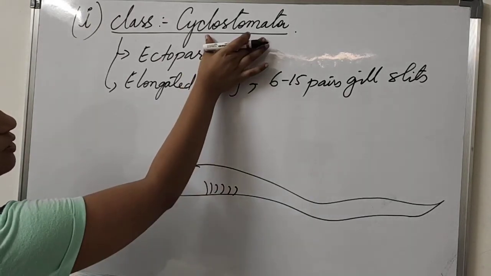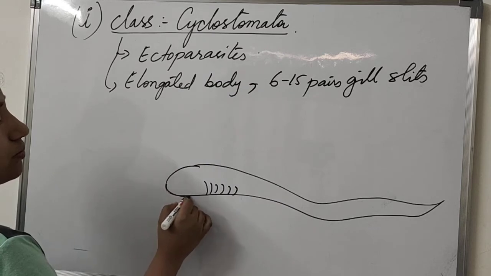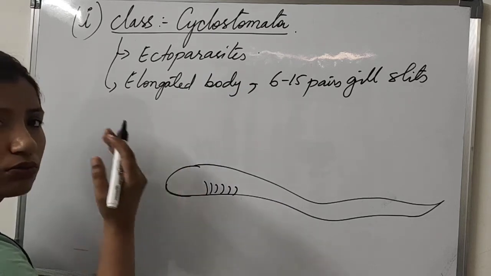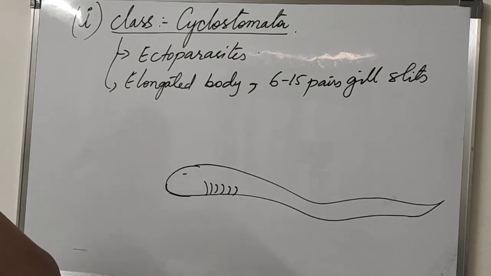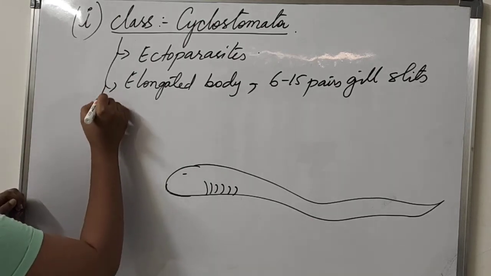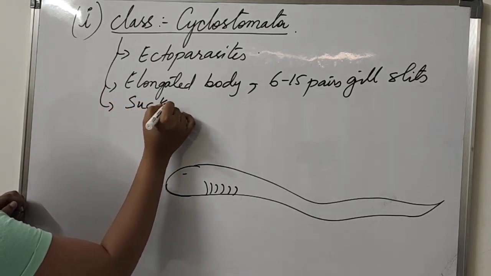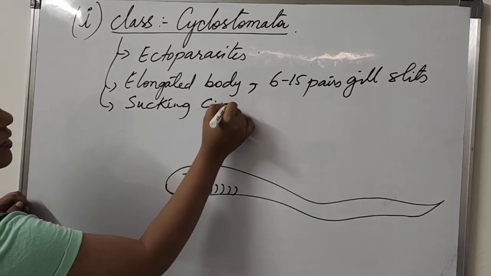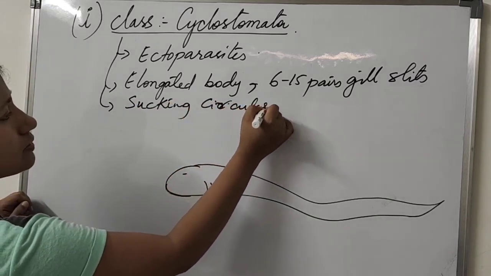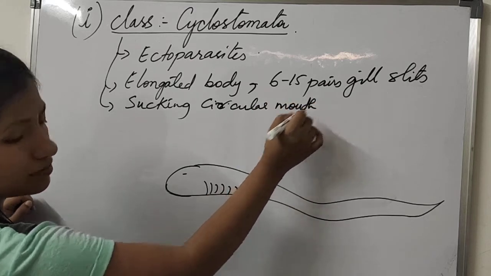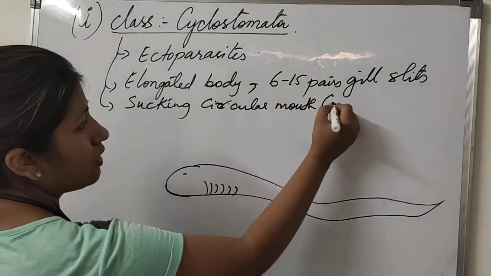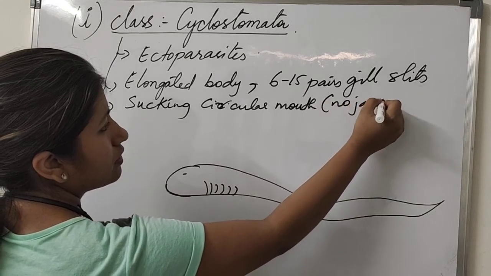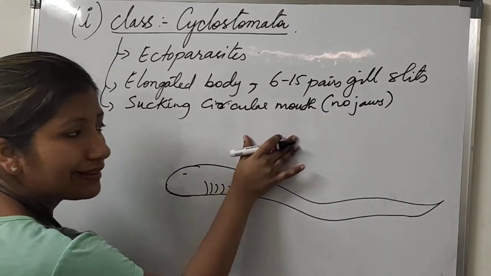And since they are Cyclostomata, they don't have jaws. Okay, so the mouth will be round in shape. Okay, elongated body, and they have a sucking circular mouth with no jaws. So they don't have jaws, as they are under Agnatha.